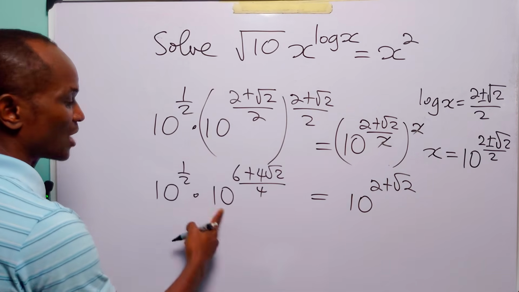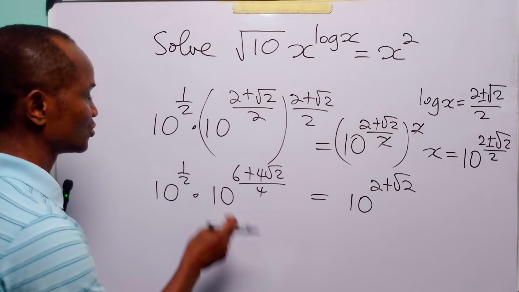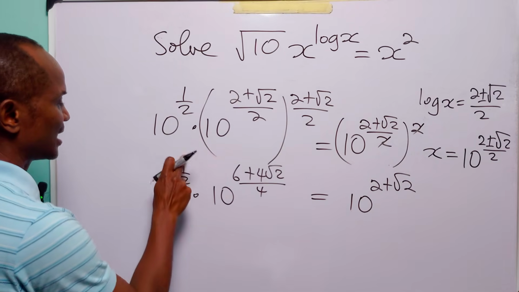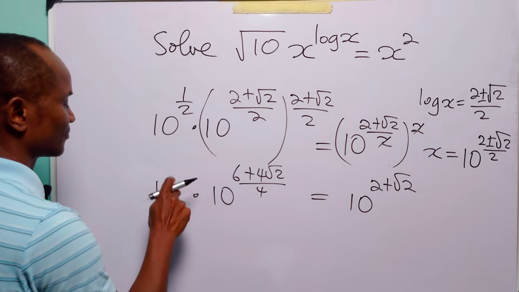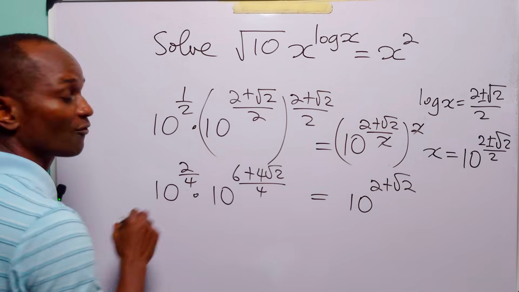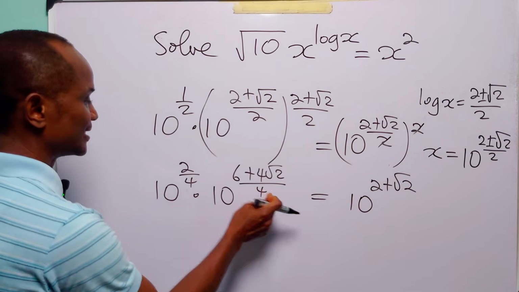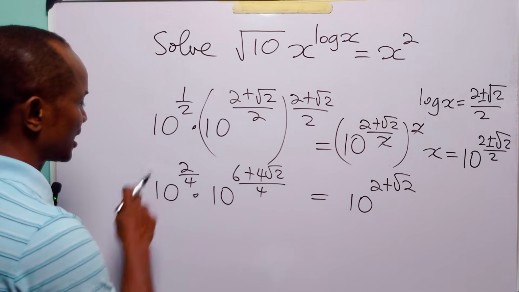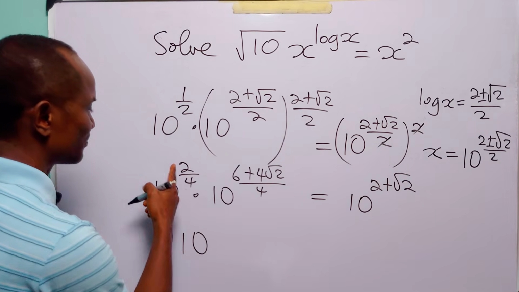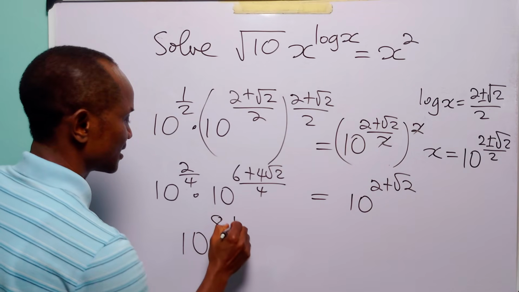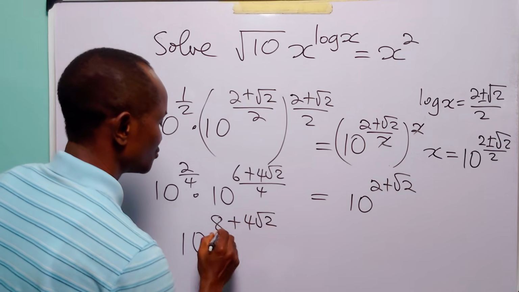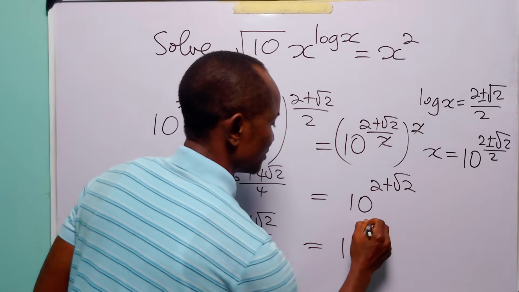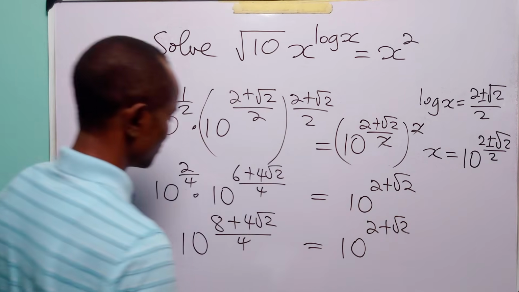Now, of course, you know that when we have a situation like this, all we have to do is to add the exponents. Now, instead of half, let us write this as 2 over 4. In doing this, the two denominators are now the same, so I can simply add the numerators. And when I do that, this becomes 10 to the power 2 plus 6 is 8, plus 4 root 2 divided by 4. And this is 10 to the power 2 plus root 2.